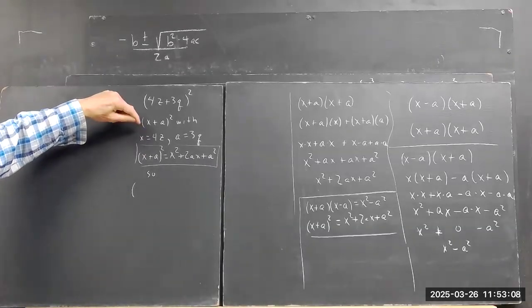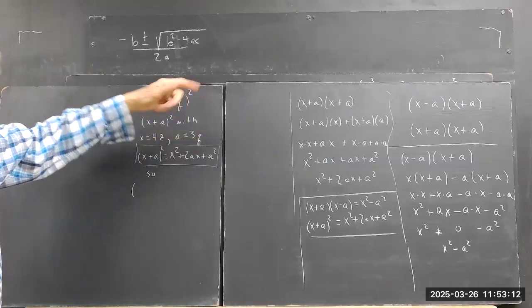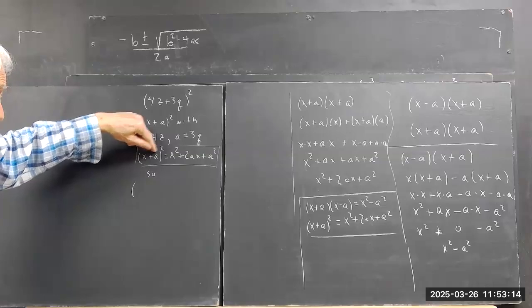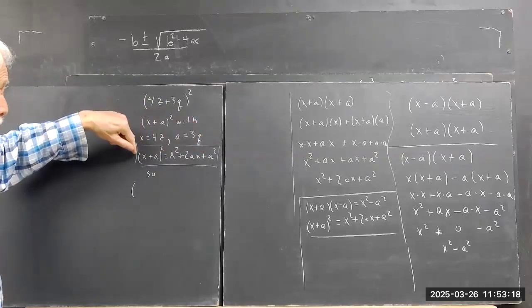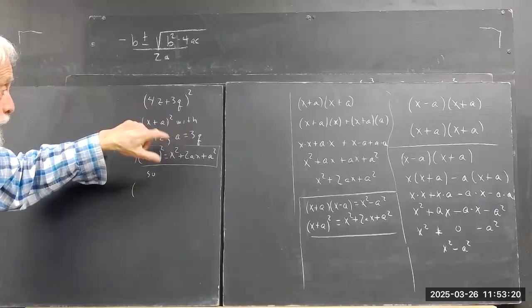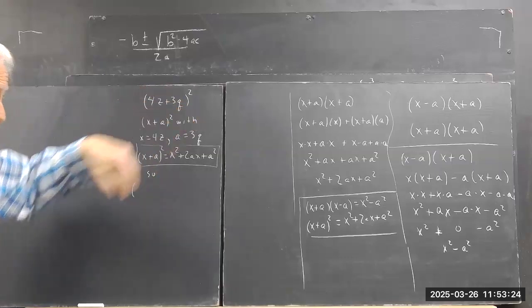Replace x by 4z, both here and here and here. Well, that's 3 times. And replace a by 3q, here, here, and here. So write out this step, but do the replacement. Do the substitution that we see here.